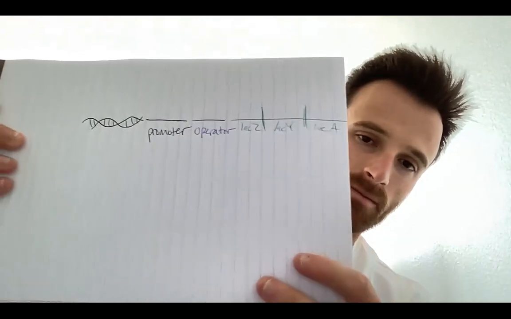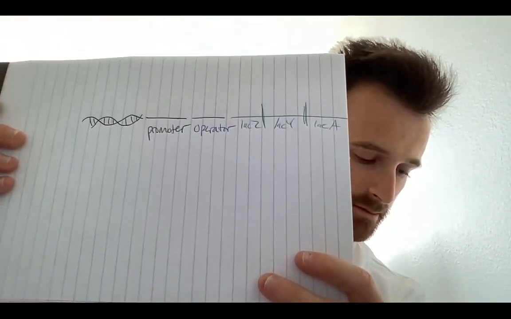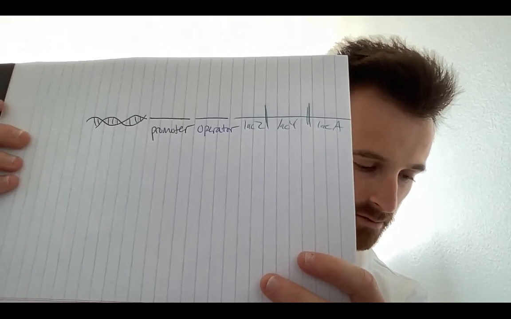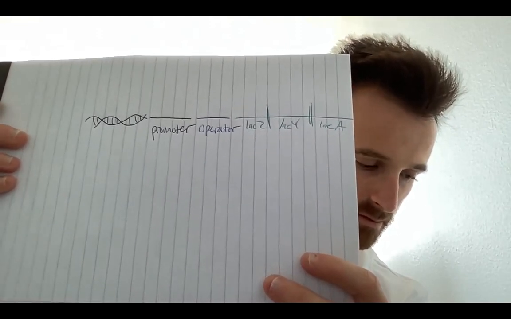We have three notable genes in our lac operon, called lacZ, lacY, and lacA.